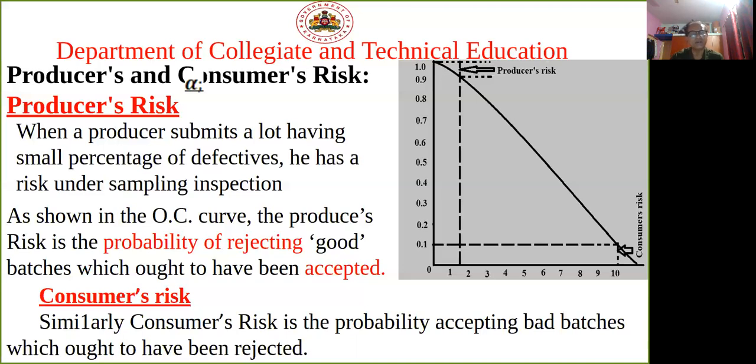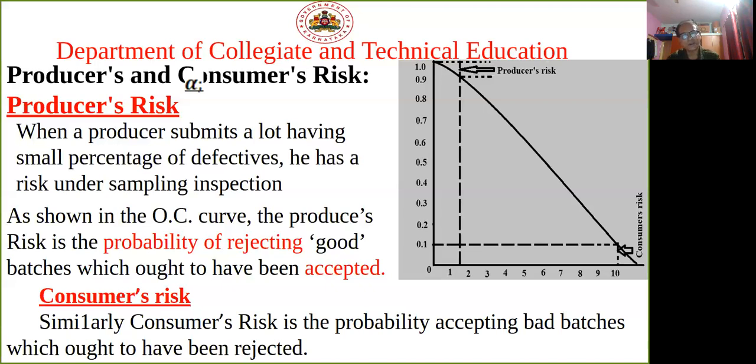If the machines are good, defectives will be very small. If the machine is old, defectives will be more. So whenever the producer submits the lot for inspection, he will say there will be a small percentage of defectives, and he has the risk under the sampling plan.